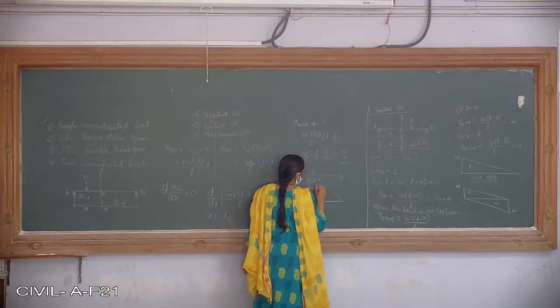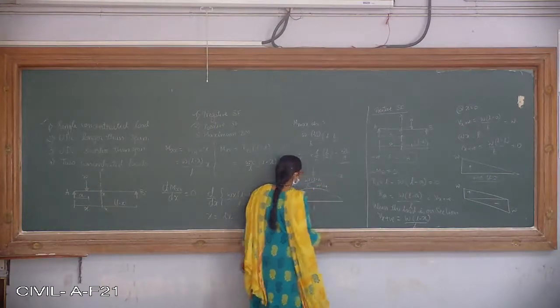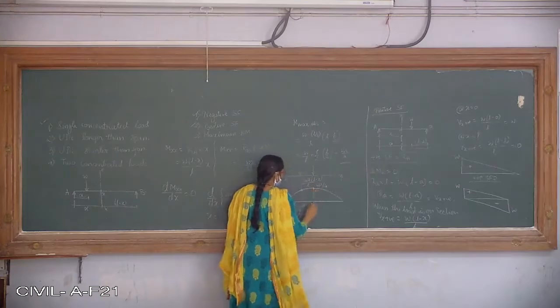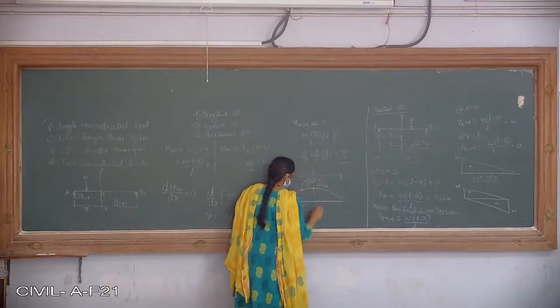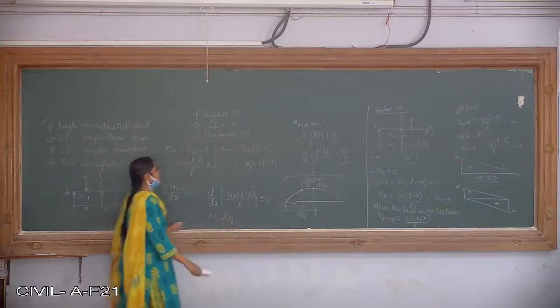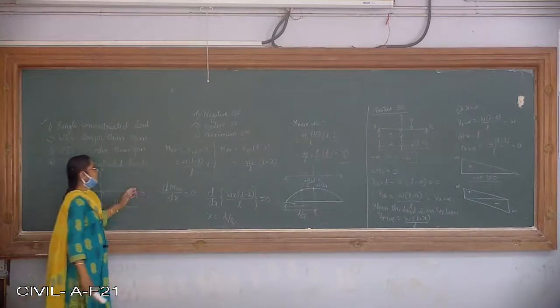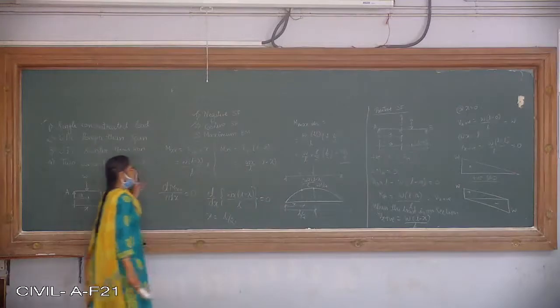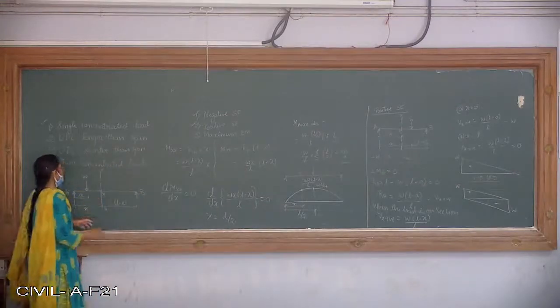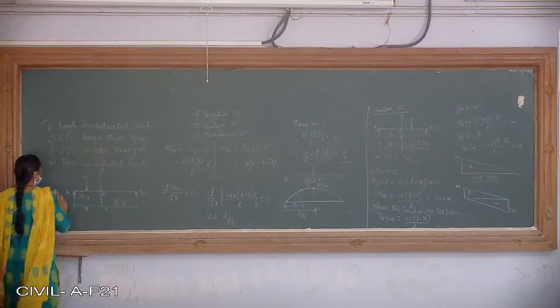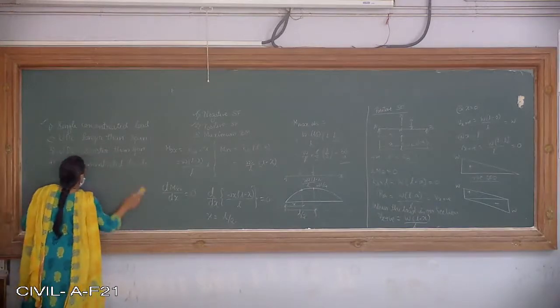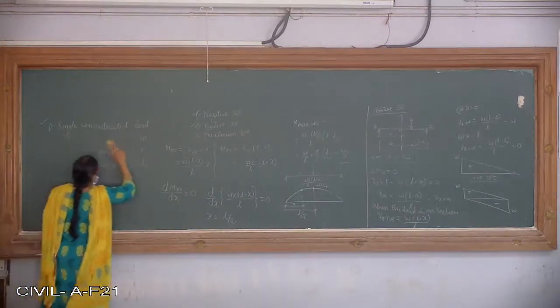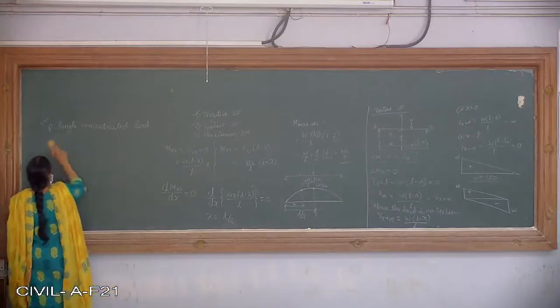At L by 2, that is half of the span, you are going to have WL by 4 as your maximum bending moment value. Okay. So this is how we calculate the positive shear force, negative shear force, and the maximum bending moment for a single concentrated load. Okay. We will take one example on this so that the concept will be more clear. Then we will go for UDL longer than span.